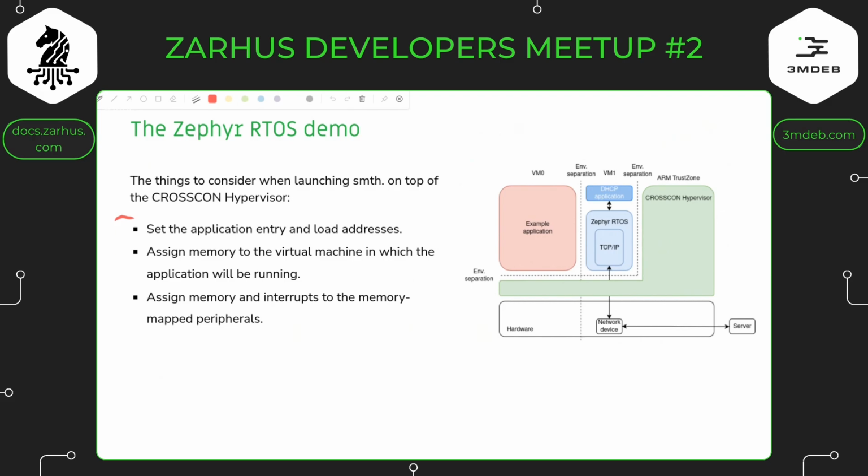Here are the three main things you should provide to the configuration before the build: the precompiled application entry address and flow addresses; the memory where the code and the execution of the virtual machine will happen; and all the memory-mapped peripherals, interrupts, and all other things that the virtual machine and your application will need while running.